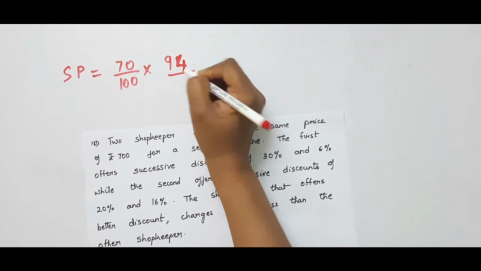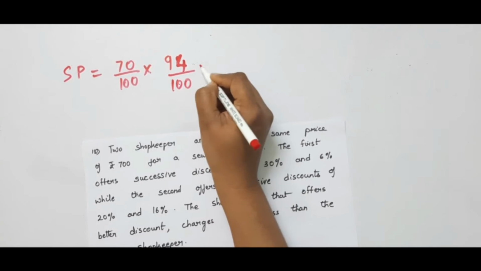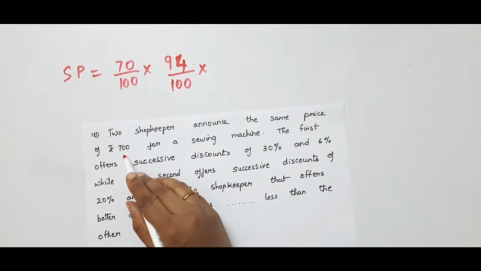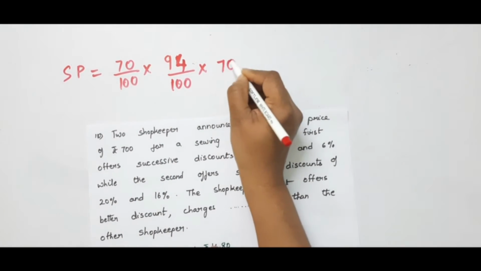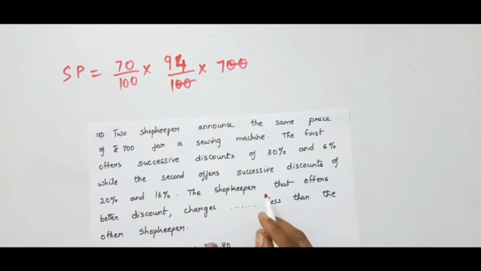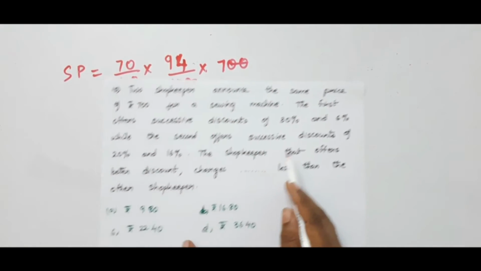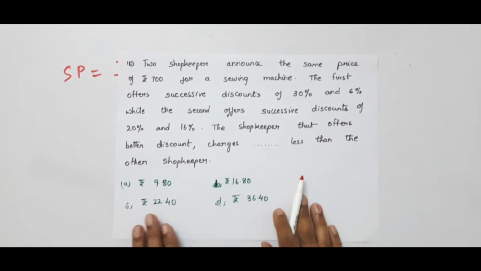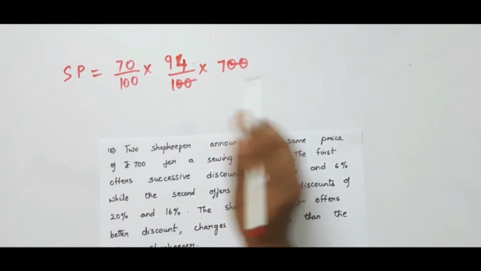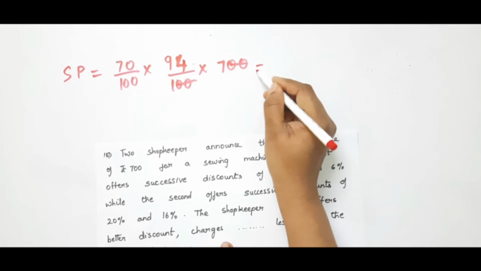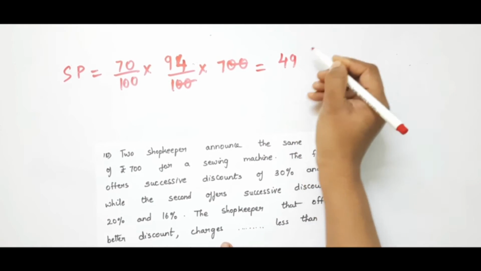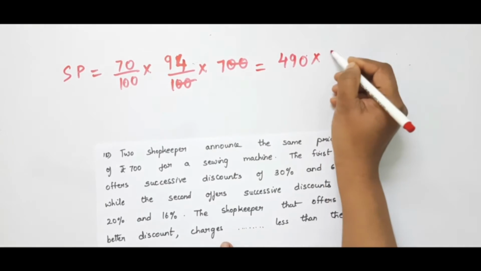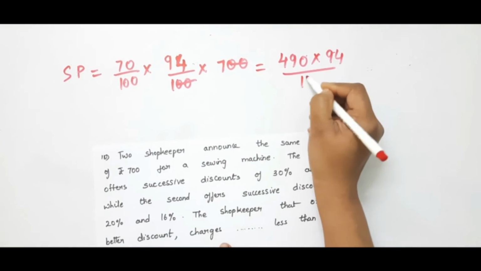Is it not? 94 by 100 into the market price, that is 700. These two zeros cancel. Okay, in the options, after the decimal point, two digits are there. So let us keep the 100 like this only. Now this becomes 490 into 94 by 100.